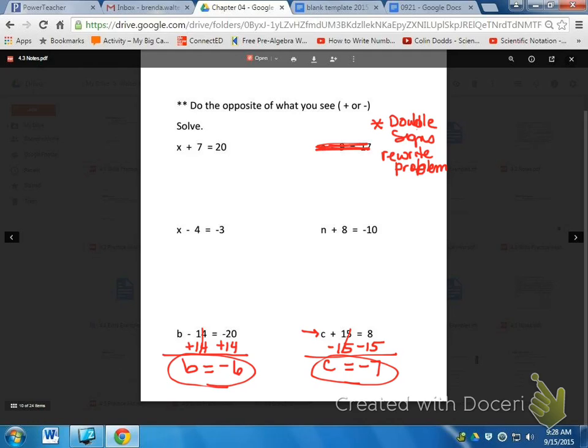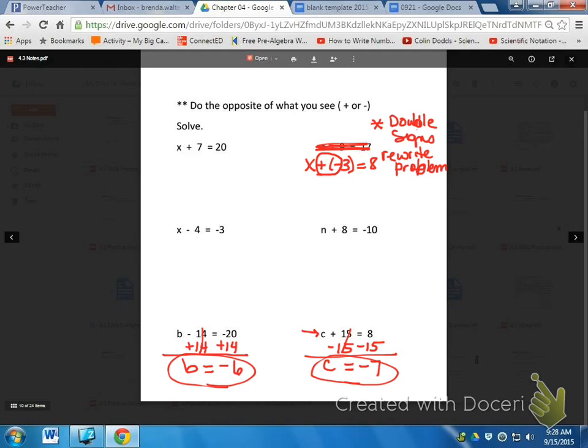Here's what I mean. If it showed you something like this, x plus negative 3 equals 8. If they gave you that problem, I don't want you to leave that. That is too confusing. So it's just like all of the others when we've had double signs. If it's plus negative, those signs are different.